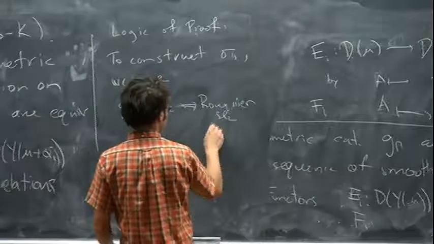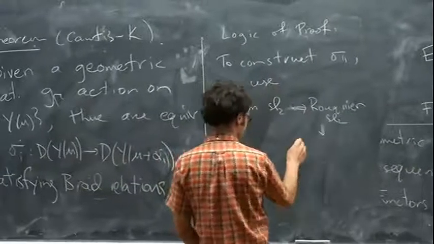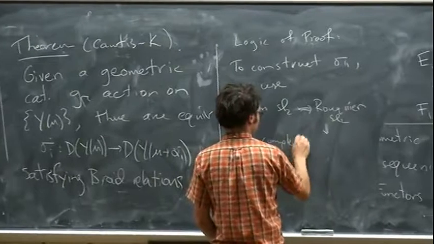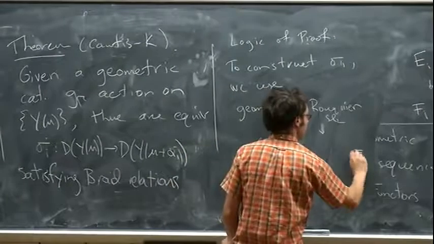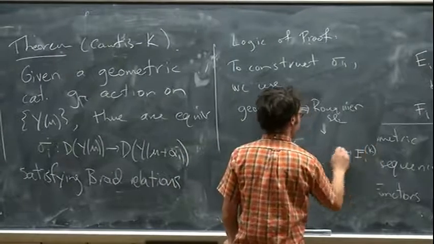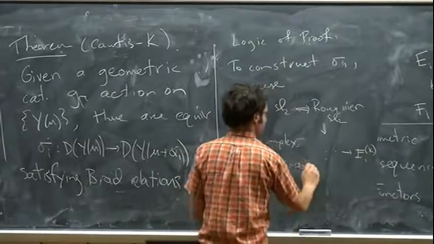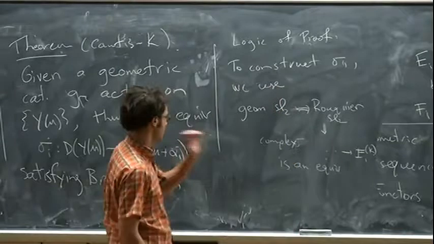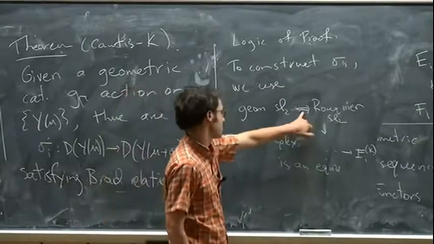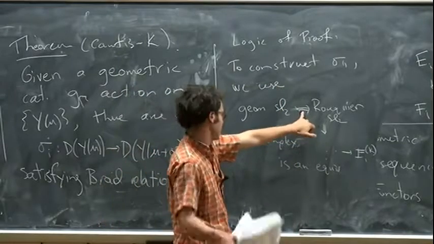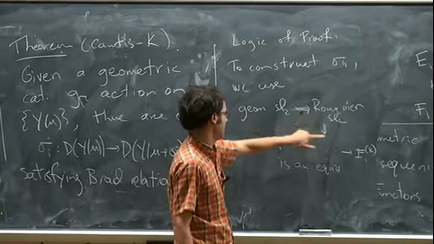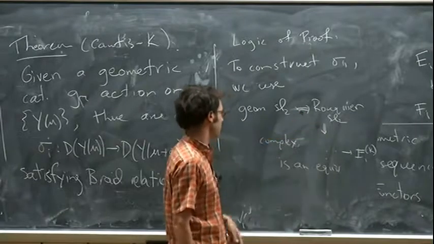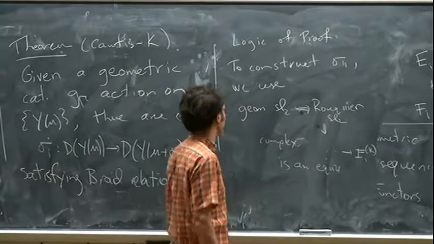And then we use that Rouquier SL2 implies that the complex I wrote down earlier with those E_i, Ks, and so on is an equivalence. This step was proven in previous work with Sap and Tony, and this step was also proven in previous work with Sap and Tony, using previous work of Rouquier and Khovanov-Lauda.